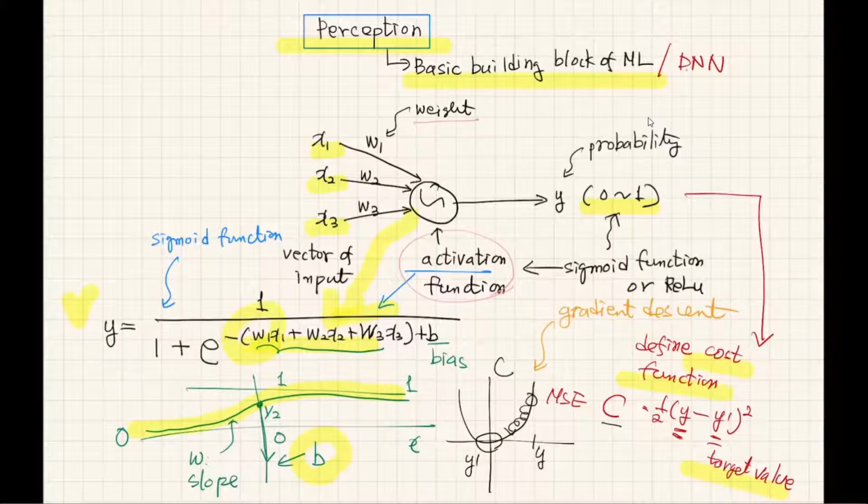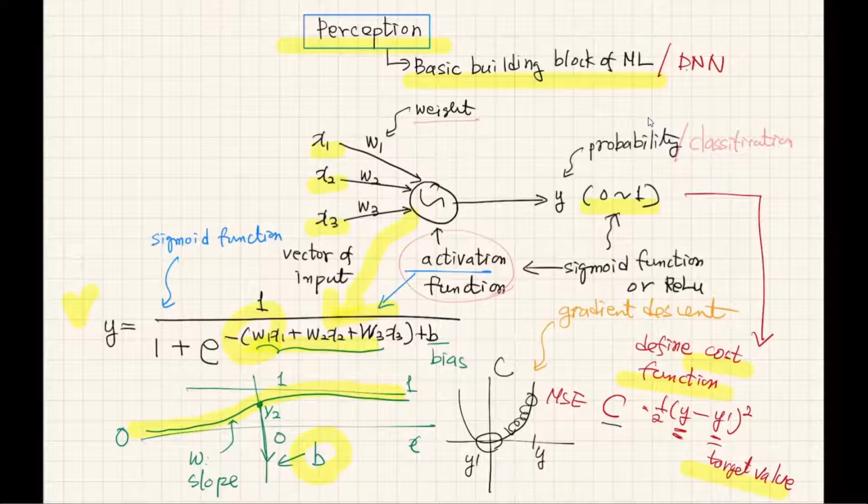Our output is a probability distribution, and sometimes we call this classification. If you give an input picture, this probability will tell you whether this is a tiger or a cat. So this probability vector may give you many different animals, and each number in the output vector gives you the probability of each animal.